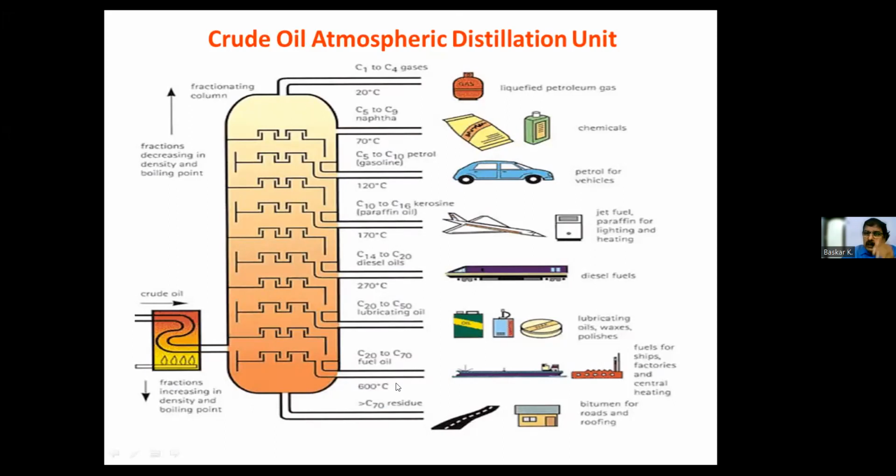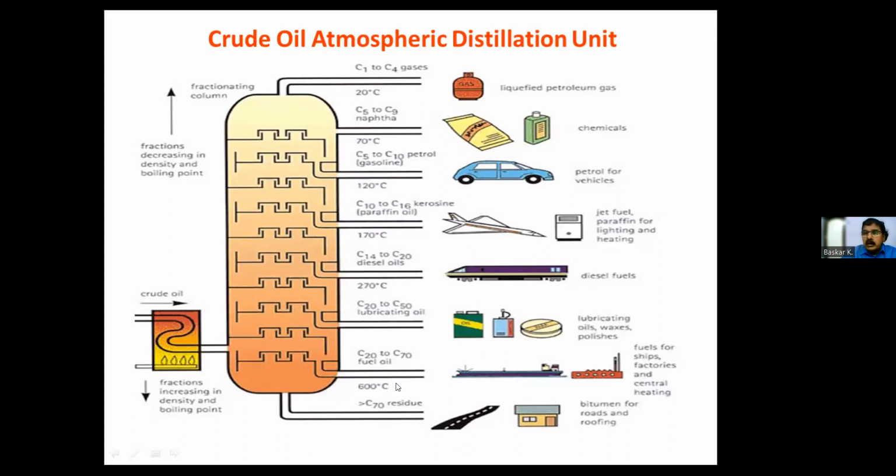So if you start doing that, we can do it by maintaining different temperatures. But what happens? Cracking and coking of the product will take place, which is not correct. Coking means a carbon deposit will form. So what do we have to do? We have to reduce the temperature. If you reduce the temperature, coking will not take place.